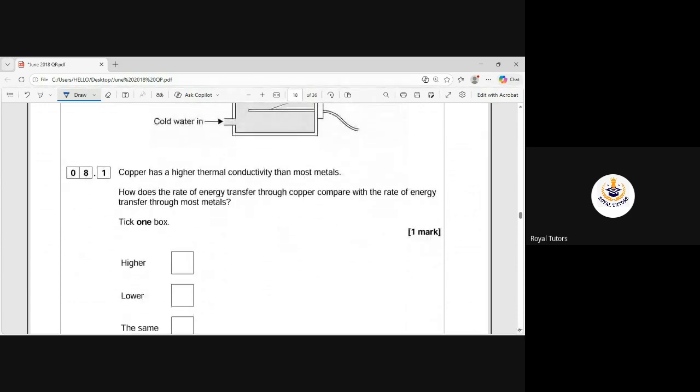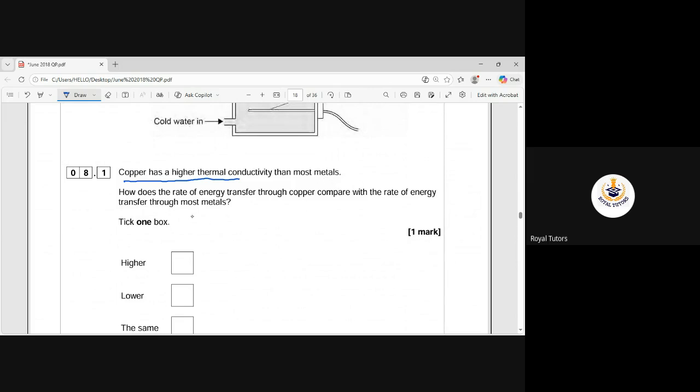Okay, then it says copper has a higher thermal conductivity than most metals. How does the rate of energy transfer through copper compare with the rate of energy transfer through most of the metals? Since we already know that copper has a higher thermal conductivity than most metals, they've already answered the question even from the description.